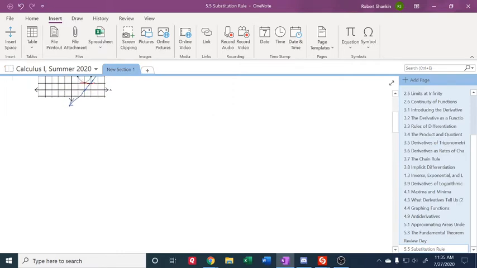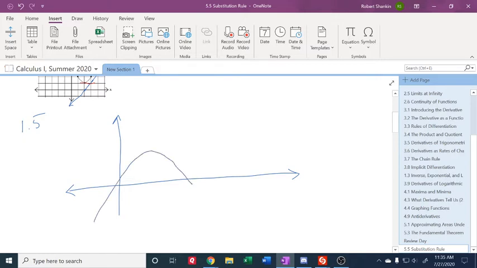And I'm going to just draw this next one. I'm going to call it 1.5. And if my graph is here, you draw f prime of x on the same grid.